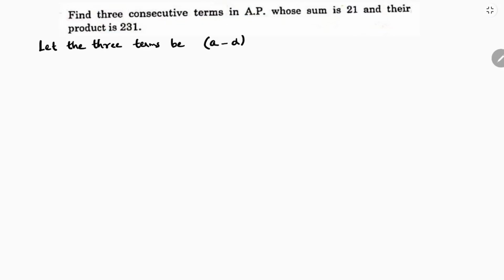If we take them in that way, it will be easy to solve. I'll take the three terms as a minus d, a and a plus d. Now they gave the sum as 21 and the product of the three terms as 231.